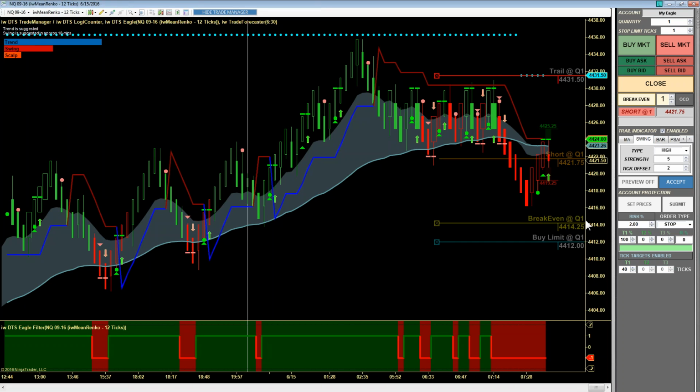If we get that additional selling, well, then I may as well, as a seller, start to bring in my stops, because if the buyers overwhelm the sellers at this point right here, then they're very likely to threaten my stops back here, and maybe even take it back to the morning high or the overnight high.